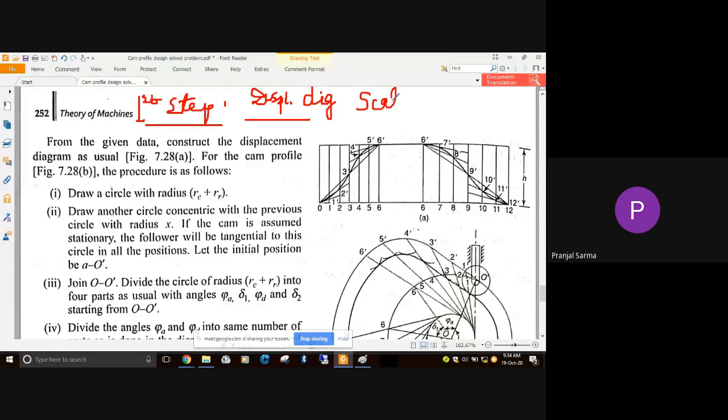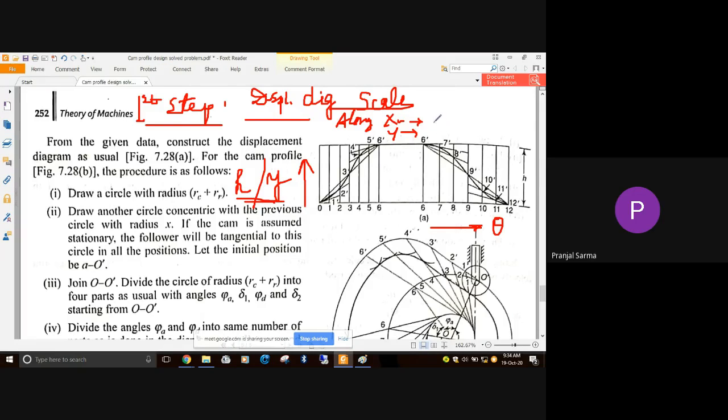You have to write the scale along the x-axis and along the y-axis. Along the x-axis for drawing the displacement diagram we denote the cam angular displacement theta, and along the y-axis we consider the lift of the follower, y or h, whatever you denote it. So this is the lift or displacement itself, and this is theta.